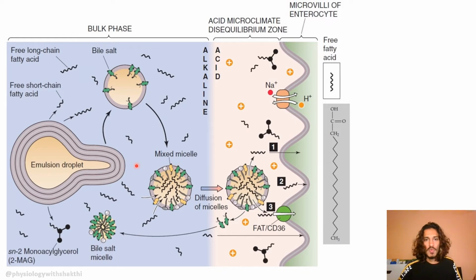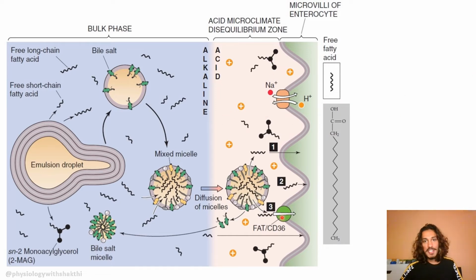So they move in, digestion takes place, and the end products like fatty acids start coming out. For that to come out, this acidic environment over here helps. Again, we had seen how sodium goes in because of the sodium potassium ATPase, and H plus goes out.